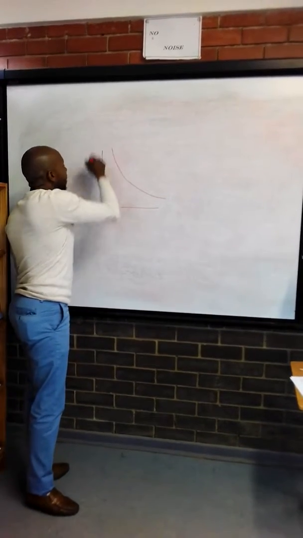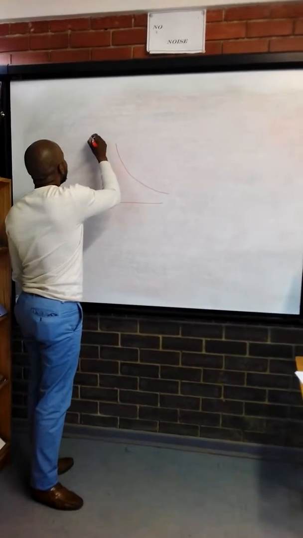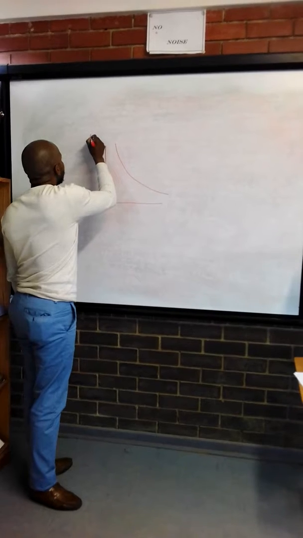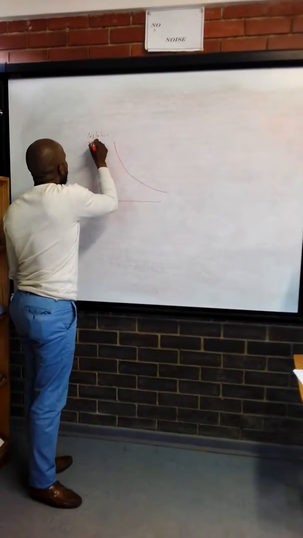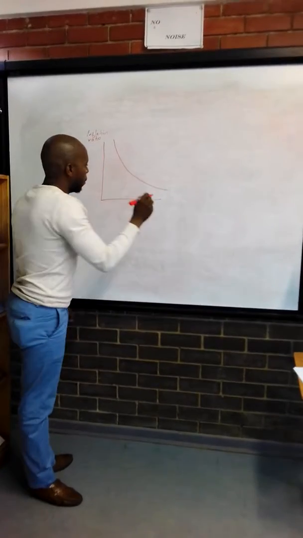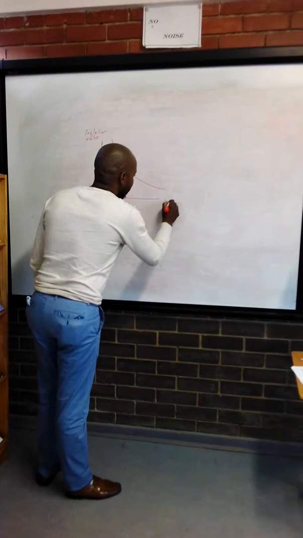On your vertical axis is the inflation rate. On your horizontal axis is the unemployment rate.